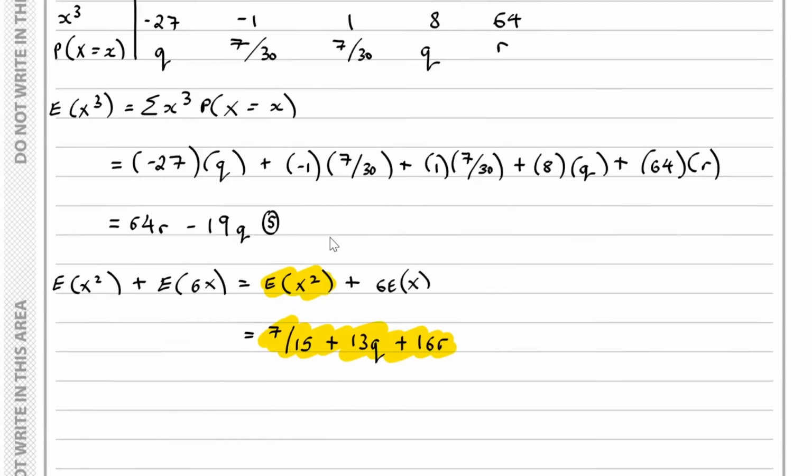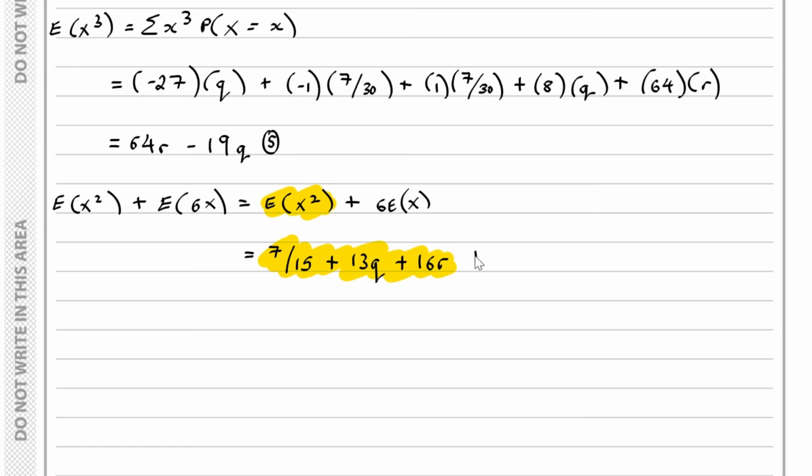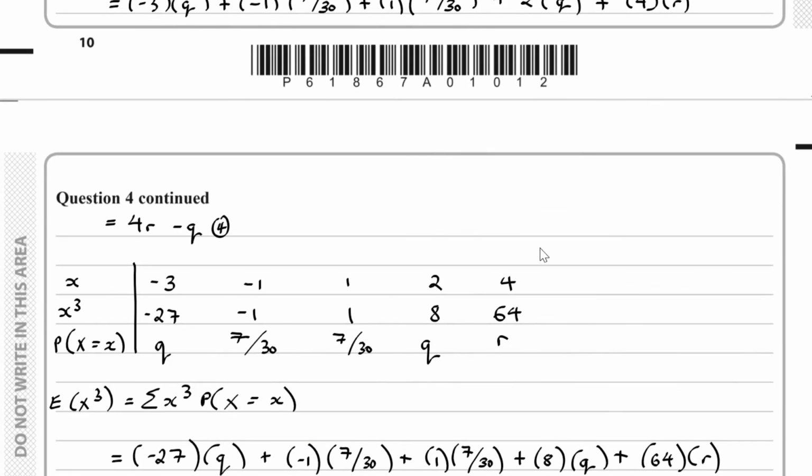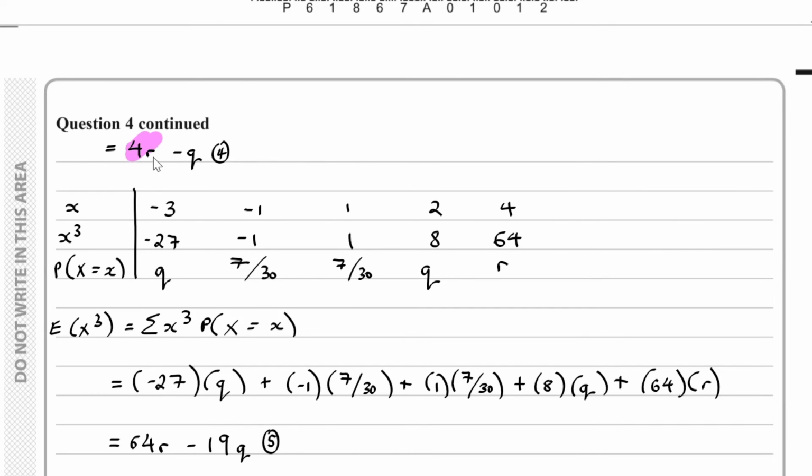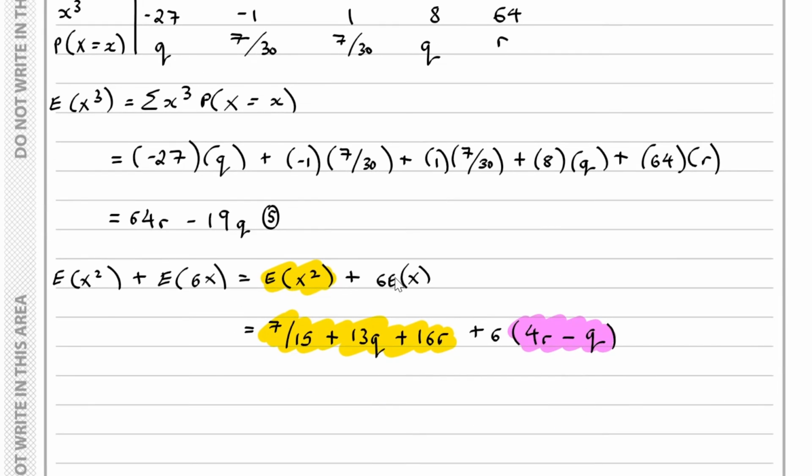Okay, and then we've got 6 lots of the expected value of x, so we add on 6 lots of what we had over here, 4r minus q. So we have 4r minus q, and this thing over here is what we had over here. Okay, so this is the expected value of x. So if we tidy all this up, we have 7/15, and then we have 13q plus 6 lots of minus q, that would be 7q, and then 16r plus 24r, that would be 40r.